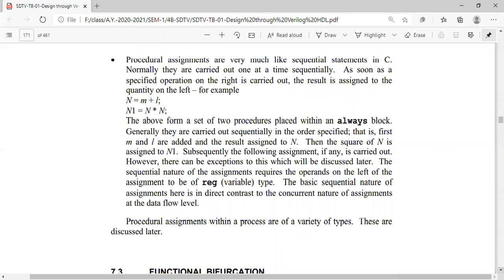So generally in the C language, everything will be executed in sequence only. There we don't mention anything like process or procedural statements; everything in the C language will be executing in a sequence. You can remember that, right?